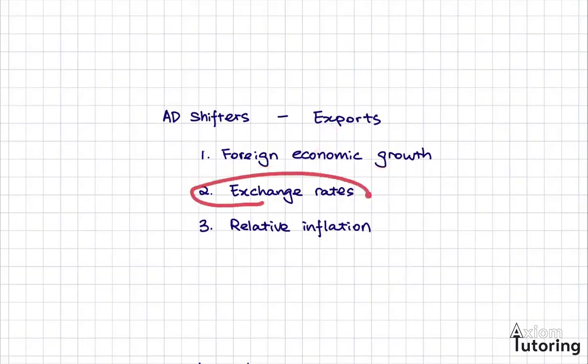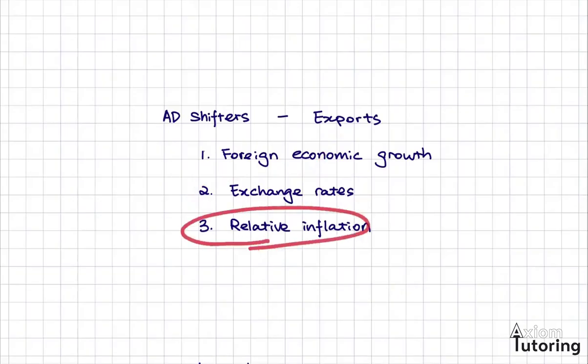Fluctuations in exchange rates can also influence exports. If the pound depreciates, UK goods become cheaper for foreign buyers, while foreign goods become more expensive for UK consumers. This may increase UK exports, pushing UK aggregate demand to the right. Relative inflation is also a factor that could change exports.